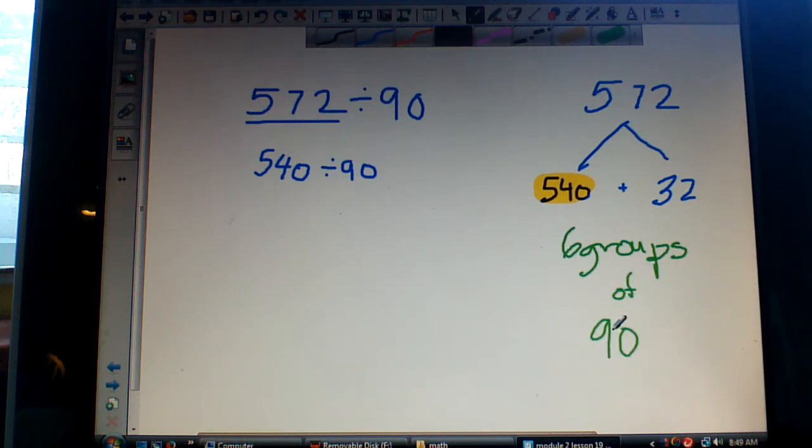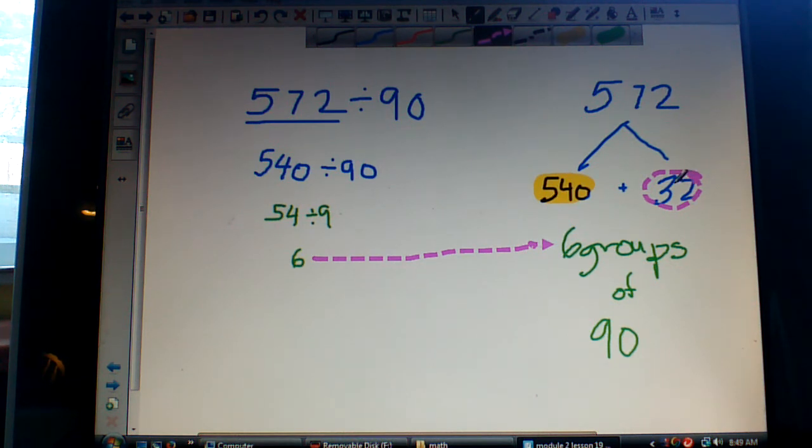Okay, so what we're going to do is our estimate, which we did already here. That becomes then 54 divided by 9. And the answer there is 6, which if you look, you have right here. Okay, does that make sense? But we need to add this back in.